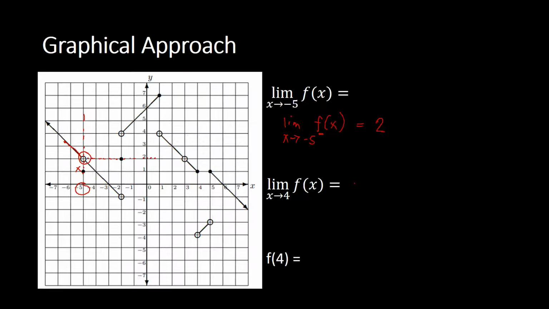Next, we're not yet done because we need to check whether the limit of your function as x approaches negative 5 coming from the right side will be positive 2 still. So again, we've got negative 5 on your x here. This is the point on the graph where x is negative 5 coming from the right side.